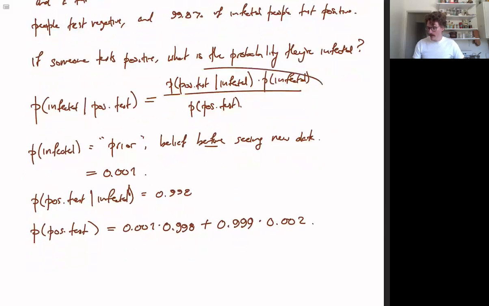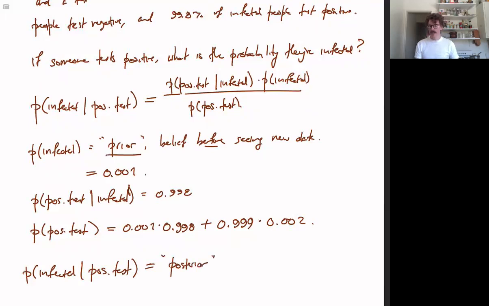So now we've computed everything on this side, and Bayes' theorem allows us to compute this side: the probability that someone is infected, given that they had a positive test. Another piece of terminology, this is what we call our posterior.